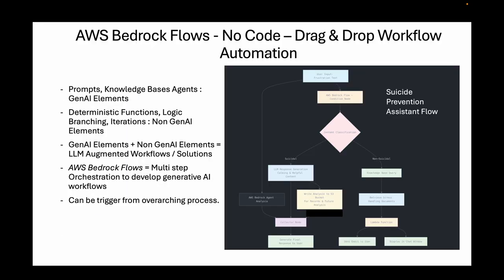Now moving to the next topic in AWS Bedrock, which is AWS Bedrock Flows. So far we have seen that in Bedrock there are prompts, knowledge bases, agents, which are the generative AI elements. They have LLMs associated with them. However, in the real world, you usually want your generative AI elements along with some predictable workflows.